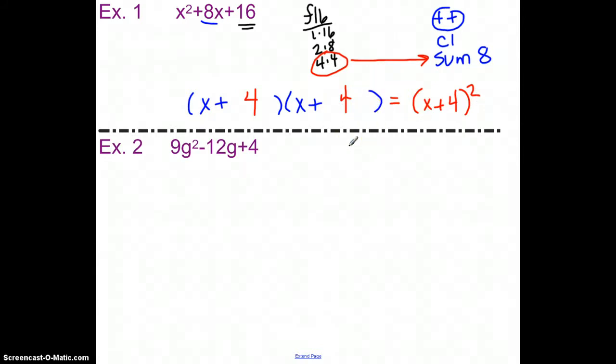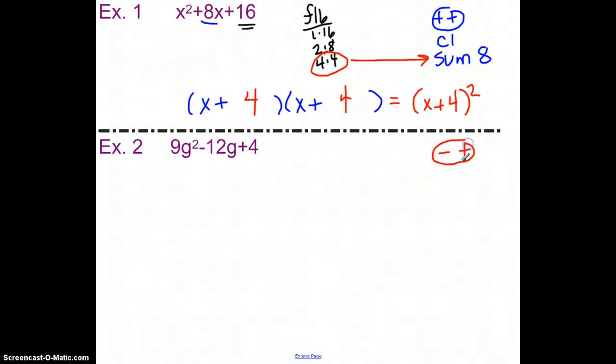Okay, now in this second one, I do have a number in front of the variable squared, which means that I'm probably going to have to factor something more than once. And also look at this to see if there's a greatest common factor. There isn't in this one, but if there is one, that usually makes your work a lot easier to do. So if I start out with this, I'm going to go over on the side and deal with my cases.